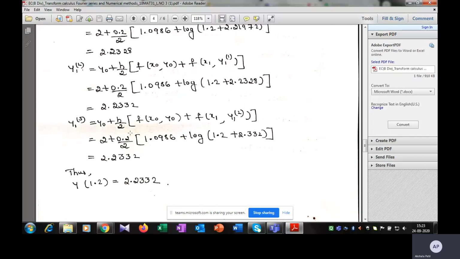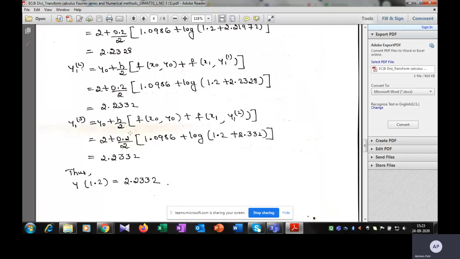Okay, now let us calculate the second approximation. Use the formula y0 plus h by 2 into the function of x0 comma y0 plus the function of x1 comma y1 of first iteration. So use the preceding value of y1 here. Let us write one more time the y0 value, that is 2, plus h is 0.2 divided by 2 into the function of x0 comma y0, whose value we already calculated above.